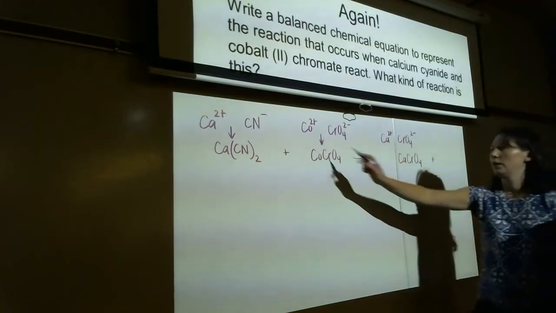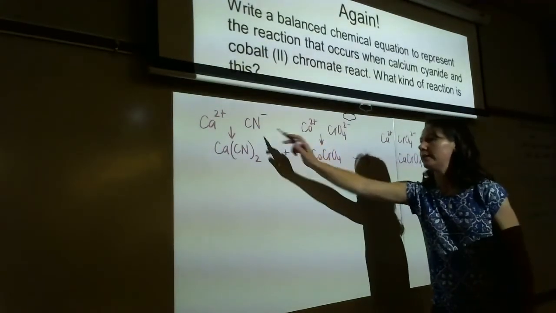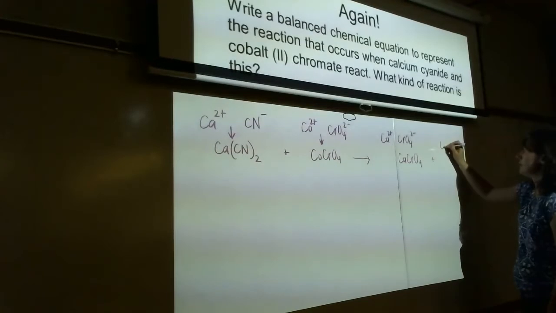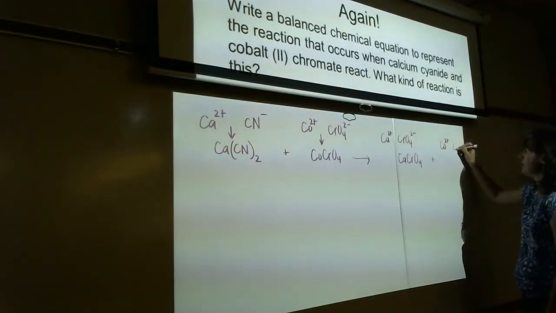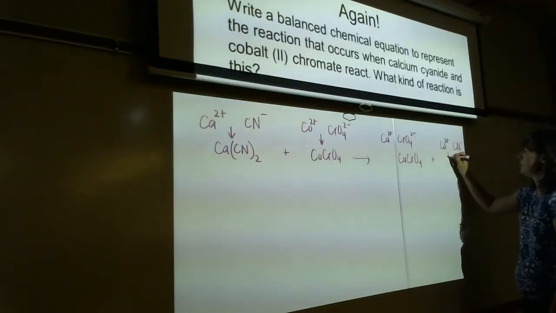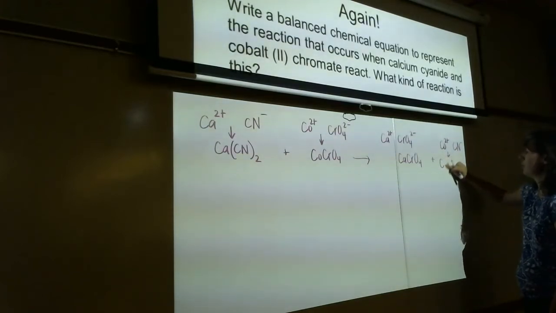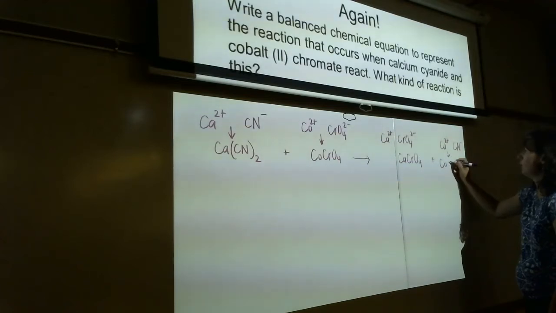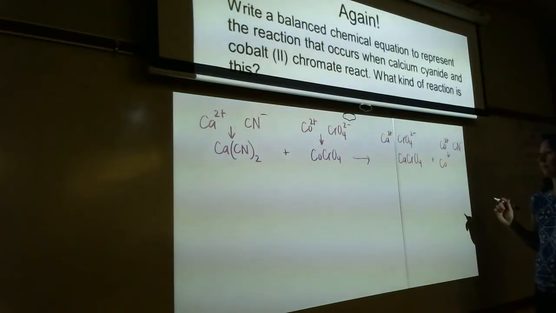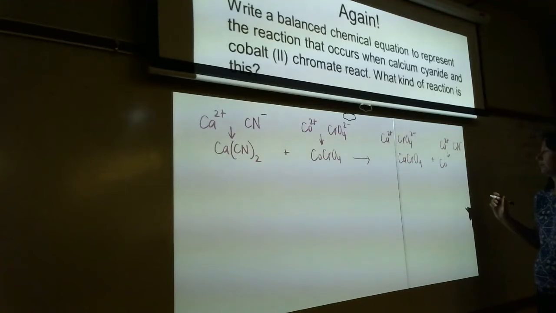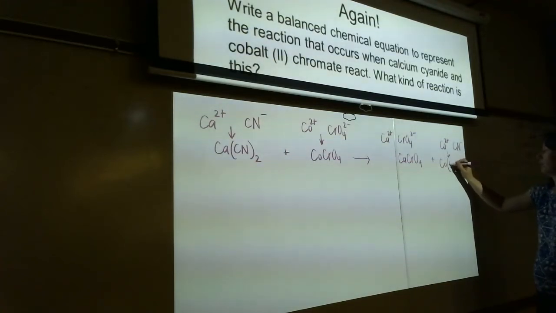And then cobalt(II) and cyanide. So that's Co2+ and CN minus. So that gives me Co, lowercase o, how many CNs do I need? 2.